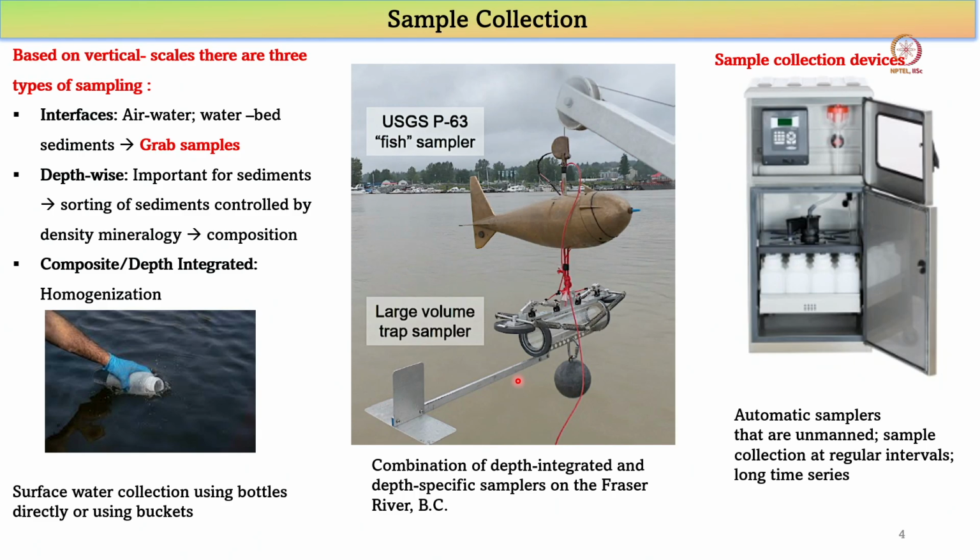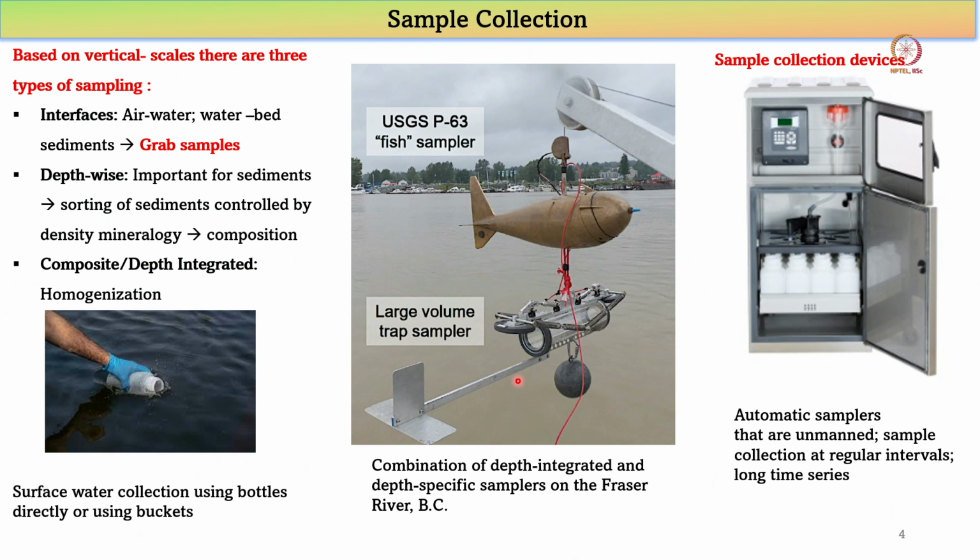Okay, so first, if you are sampling for dissolved, it is okay if you take a grab sample. If you are taking sediment samples, then you go for depth-wise sampling. And then also you have to keep in mind that there is a left bank concept, there is a right bank concept. So you can take a composite sample.